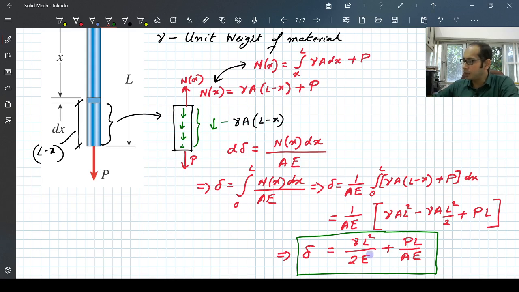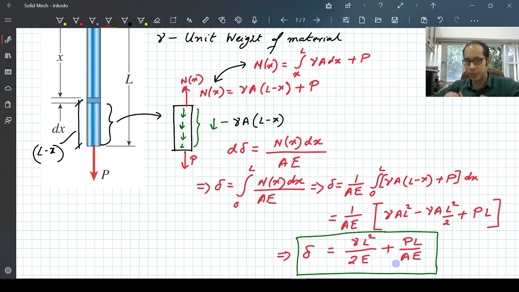This formula reduces to PL divided by AE, which is exactly what we had learned. If you have a weightless bar with a force P, the delta is PL divided by AE. So that makes sense over here. And now since you have a bar which has some amount of self weight, you're getting this additional deflection.